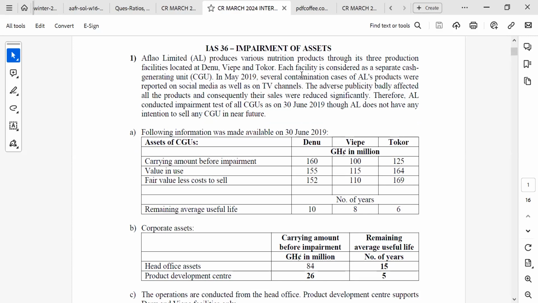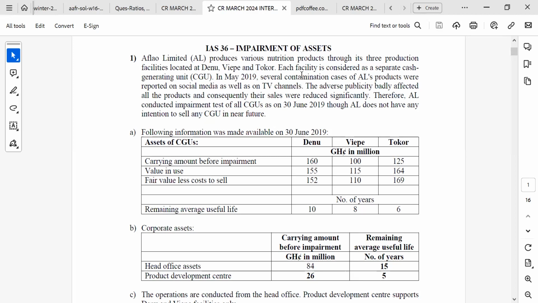Aflao Limited produces various nutrition products through three production facilities located at Denu, VIP, and Toko. Each facility is considered as a separate cash generating unit. In May 2019, several contamination cases of AL's products were reported on social media as well as on TV channels.